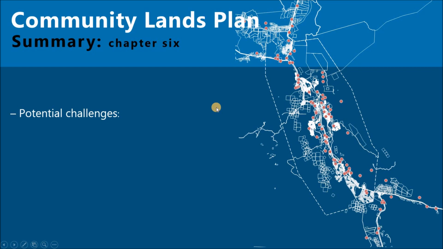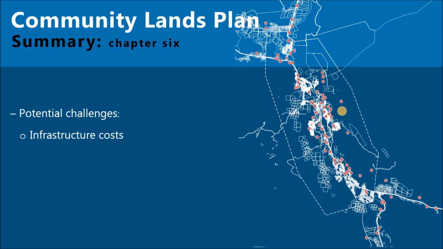So, potential challenges. We talk about infrastructure costs. As you can see in the image here, take this parcel for example, I believe that's C116. It's out on its own. It doesn't have any current access by any infrastructure. I believe there are some trails out there, but there are no sewer or water lines.